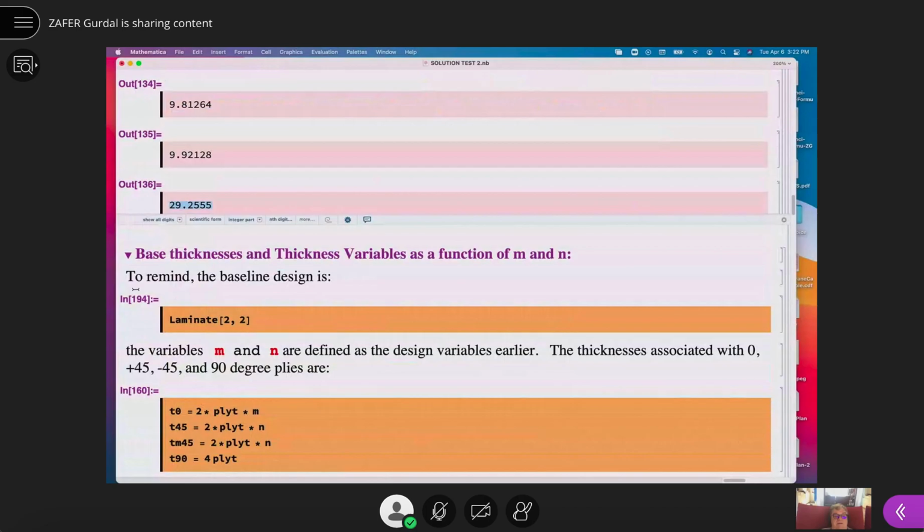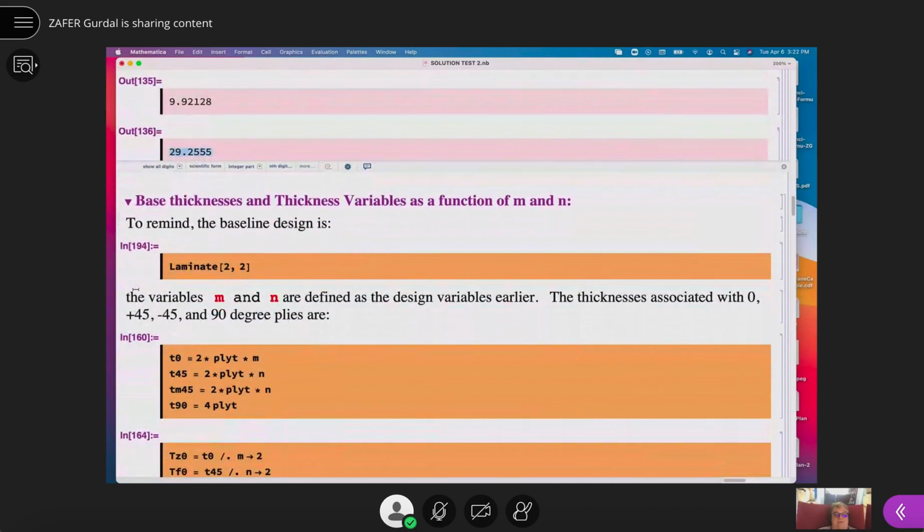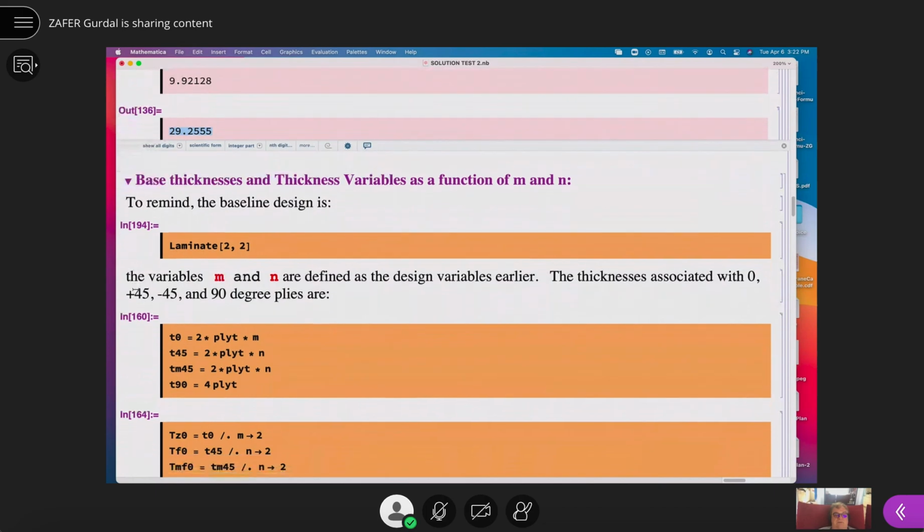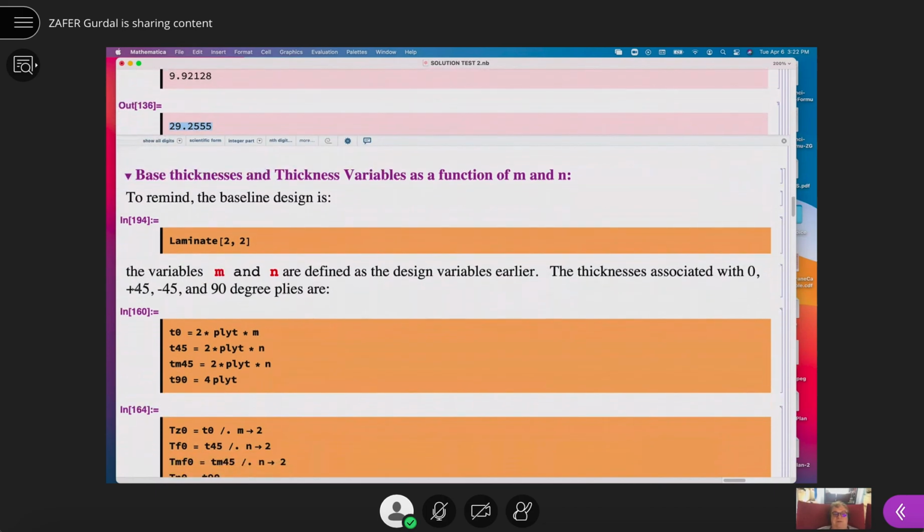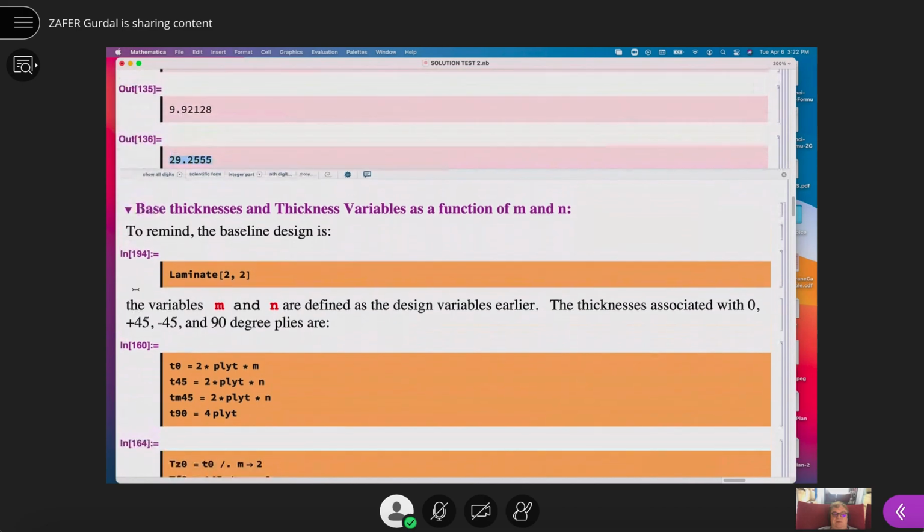Baseline design, I don't know why I changed it. What? What on earth is happening here? This shouldn't be here.